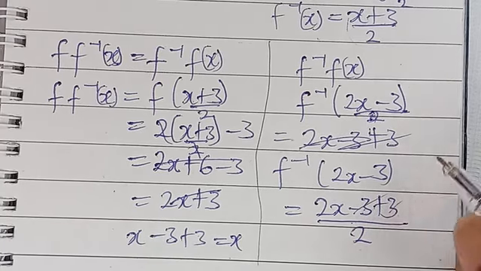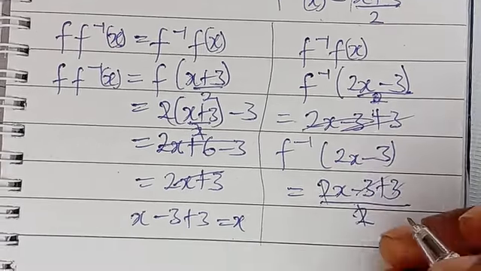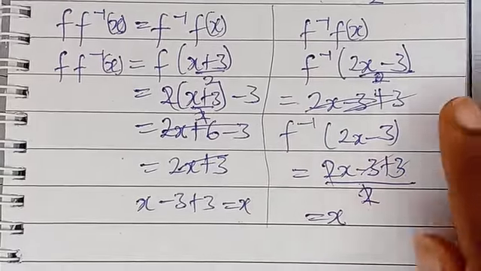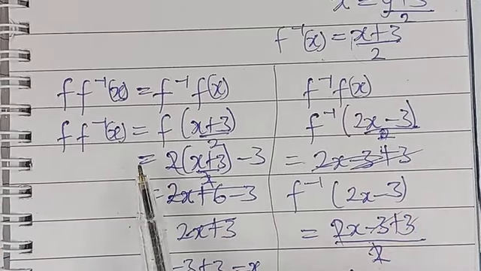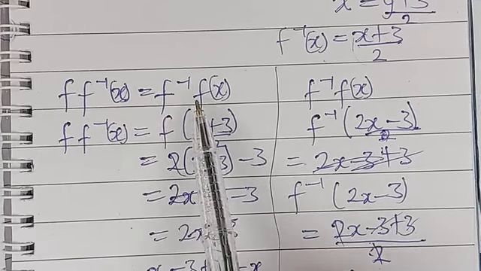So this already cancels out because minus 3 plus 3 is 0. So 2x over 2, the 2's cancel out. We have that this is also equal to x, just like we found here. So we have proved that f of the inverse of f of x is equal to the inverse of f of x.